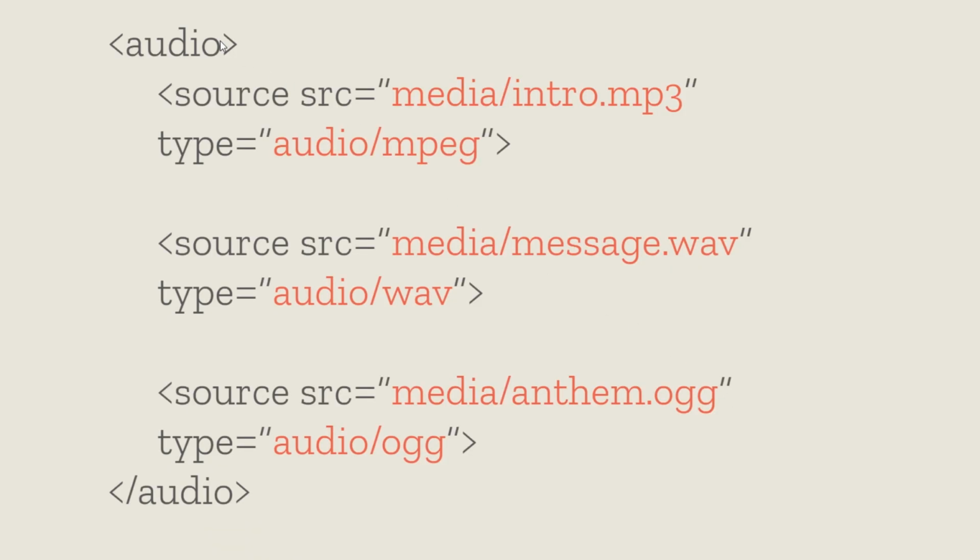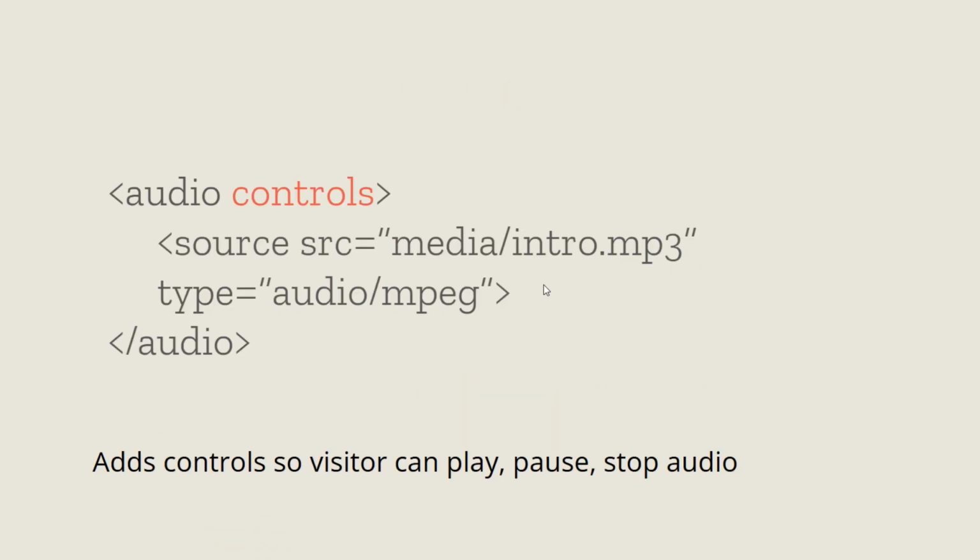If we do this alone, the audio will be embedded in our website, but visitors won't be able to play it. So we need to add controls. By adding controls, it's going to make the control panel visible to the visitor so they can play it.